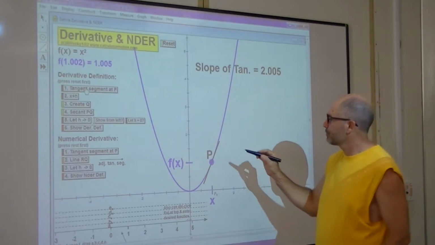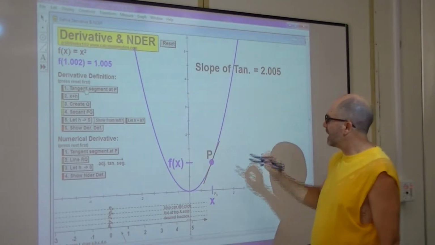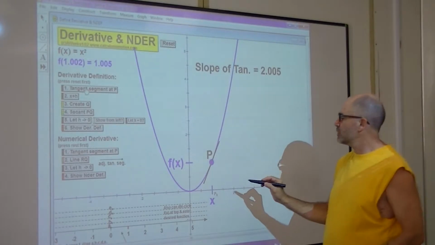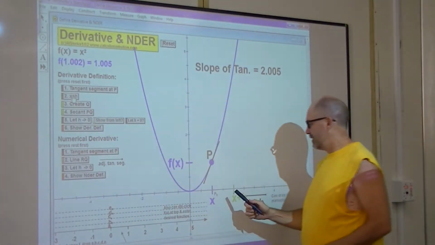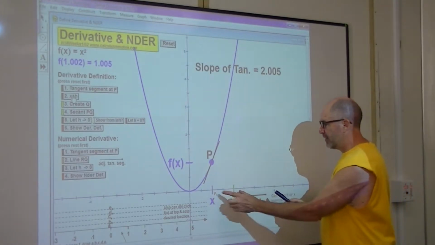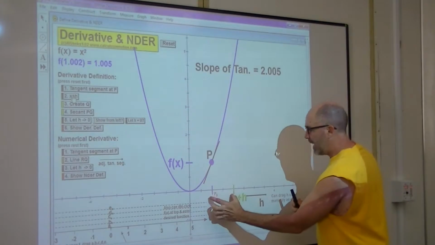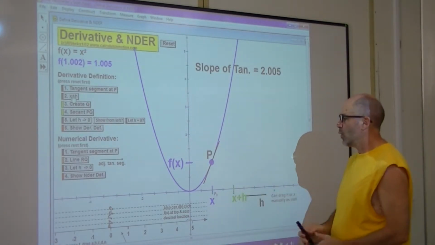Okay, so we're going to, like I said, make a second point further up the curve. That means we're going to have some distance away from x that's h. So this distance from x to x plus h, that's going to be h away.